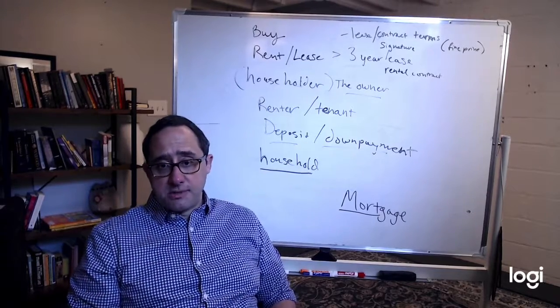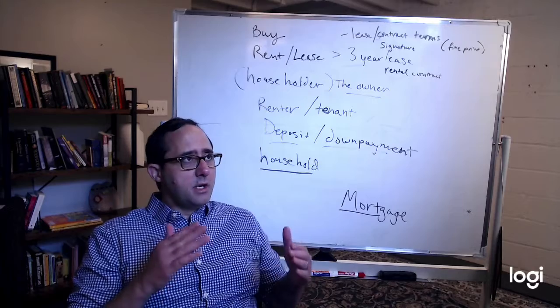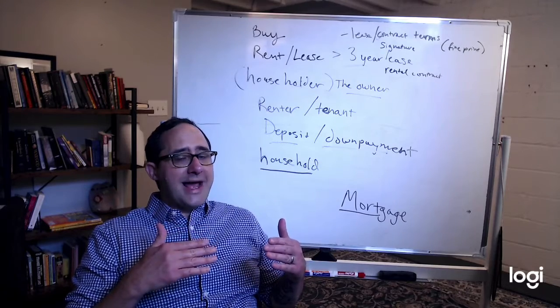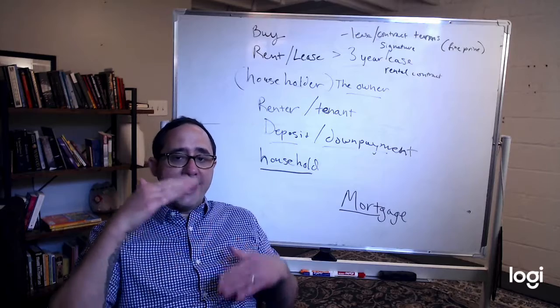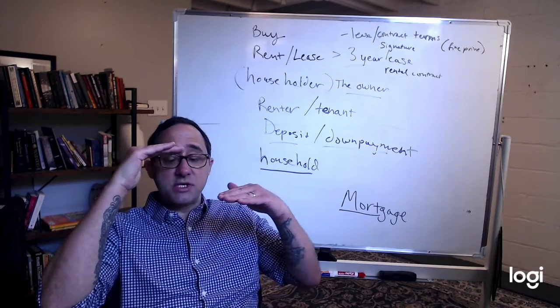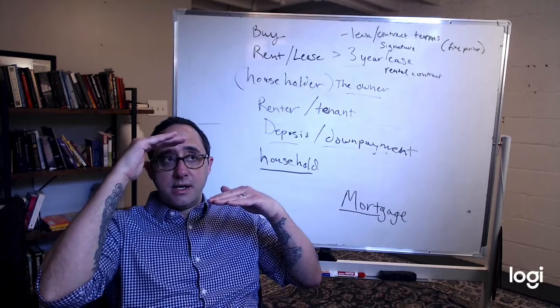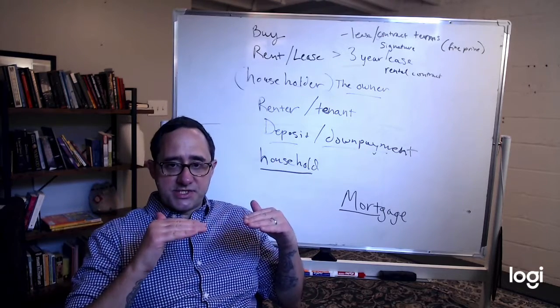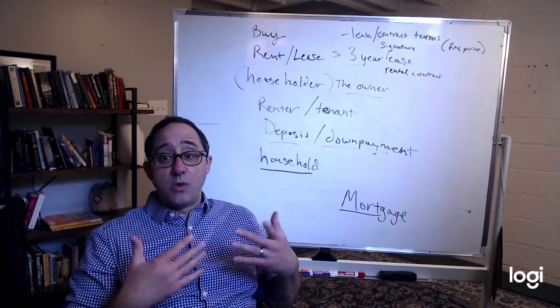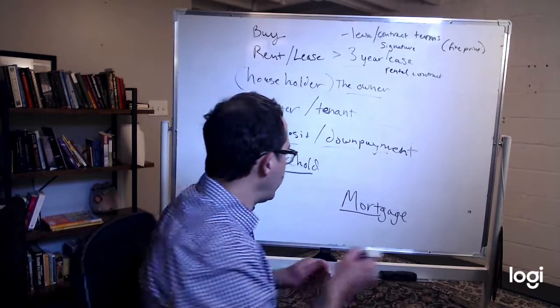A mortgage will add interest into it so that you're paying off the interest as you're also paying into the cost of the house. So as you pay the interest, you are also getting what we call equity.